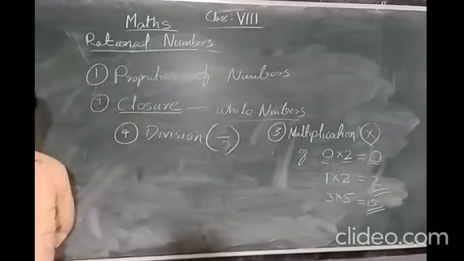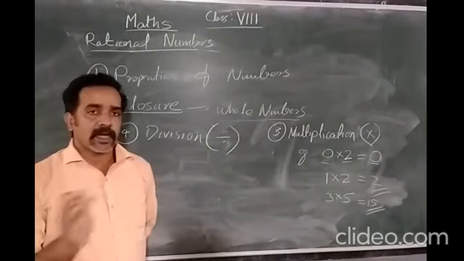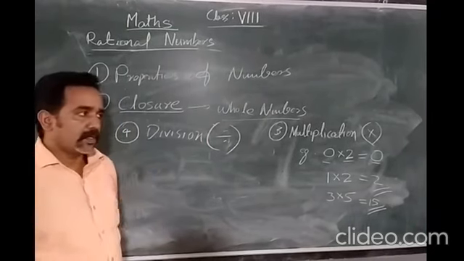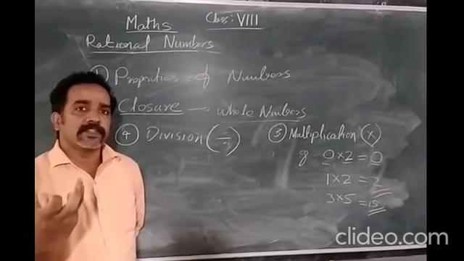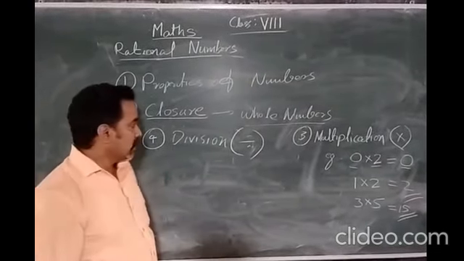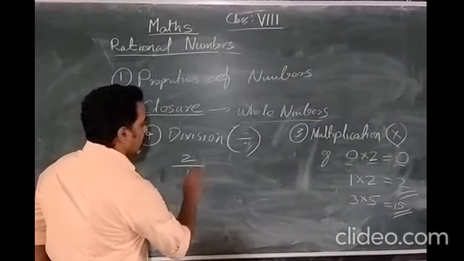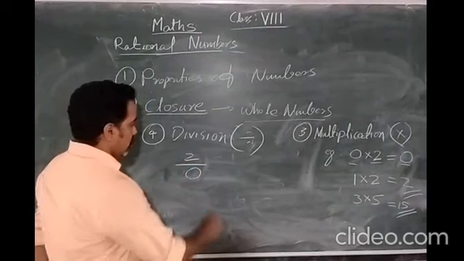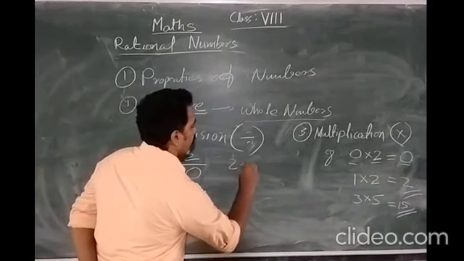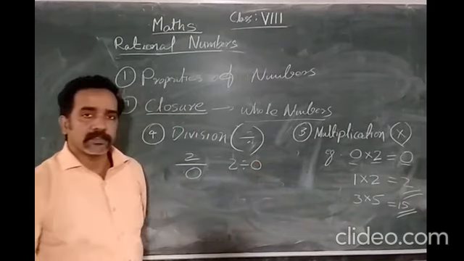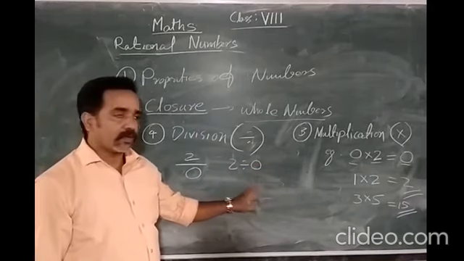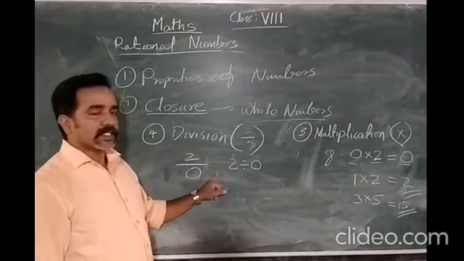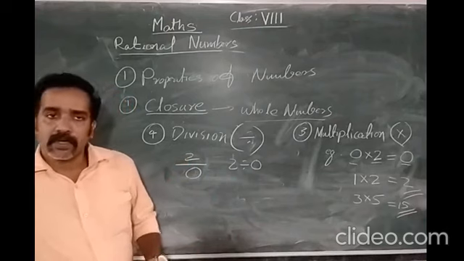When you divide a whole number by another whole number, sometimes the answer is a whole number, and sometimes division is not possible, because you cannot divide a whole number by 0. 2 by 0 is not possible, isn't it? 2 divided by 0, is it possible? No, it is not allowed, it is not defined. So from this itself we can say that division is not closed.